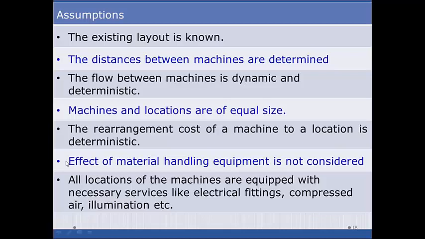In this way, the rearrangement cost is determined. The effect of material handling equipment is not considered. All locations of the machines are equipped with necessary services like electrical fittings, compressed air, illumination, etc. So we cannot say that a particular machine cannot be placed at a particular location because a facility is not there. This option is nullified.